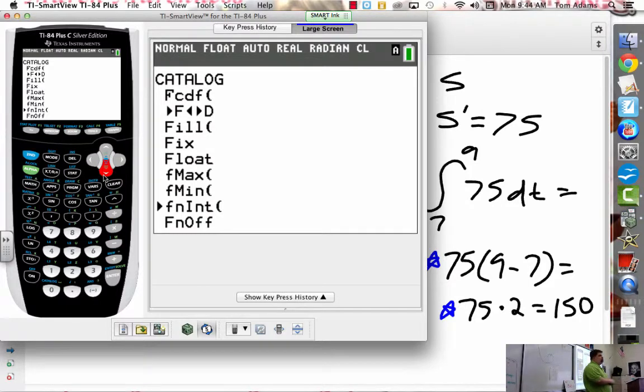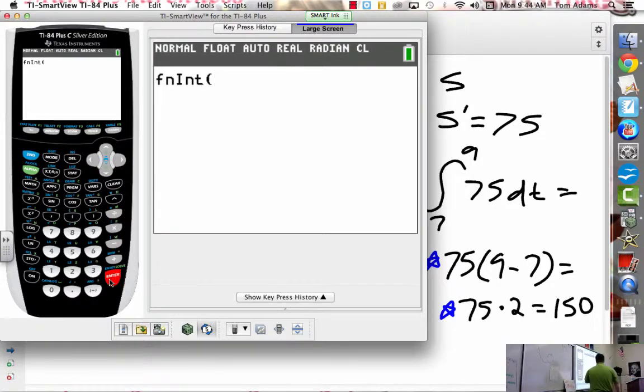And that's a function integral, or a definite integral. That means you have to have a numerical value for the lower and upper limits. Because you can do a generalized integral, an indefinite integral, and a definite integral means you have to know what the upper and lower numerical values are.